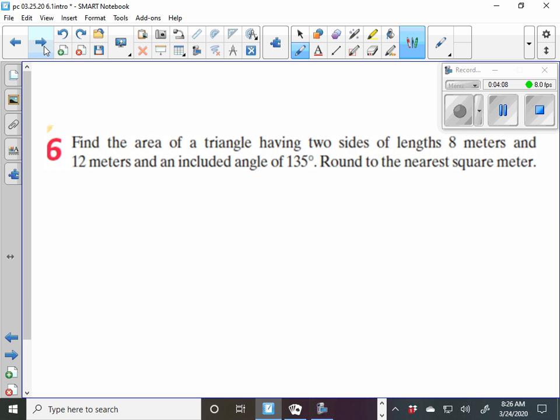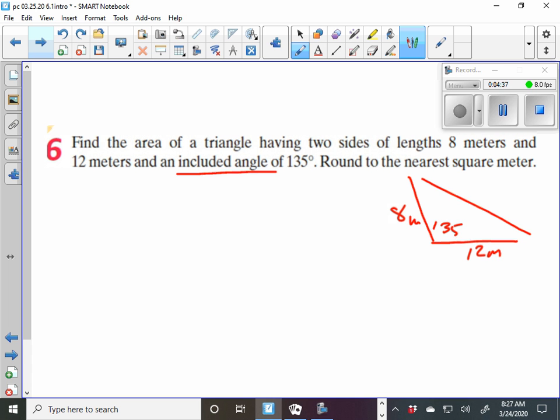So find the area of a triangle having two sides of length 8 meters and 12 meters and the included angle. Notice that that's what they're talking about, rounded to the nearest meter. Now again, you could easily draw this picture, 135-degree angle. We know that one side is going to be 8, one side is 12 meters, and we're supposed to find the area.